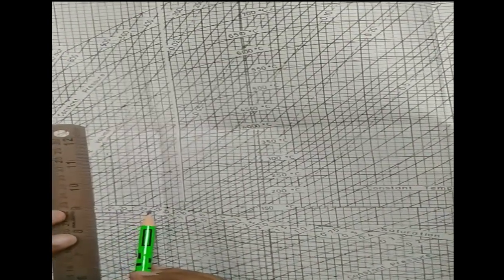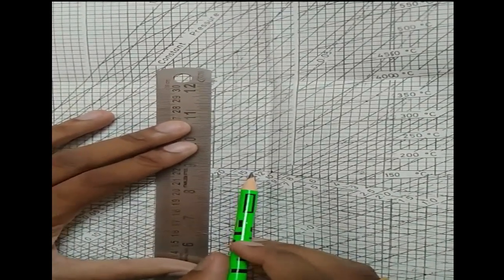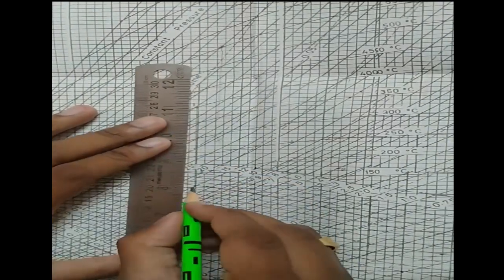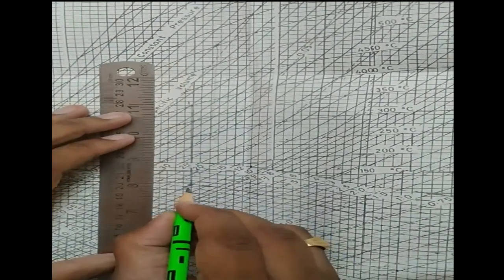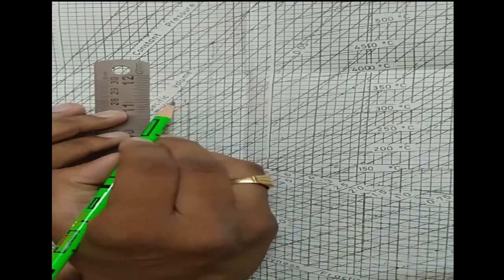So now I have to look at the 15 bar pressure. See, here you have the 15 bar pressure. Up to the 15 bar curve you have to draw the vertically downward line. See, this is your point number 2, and this one is point number 1.